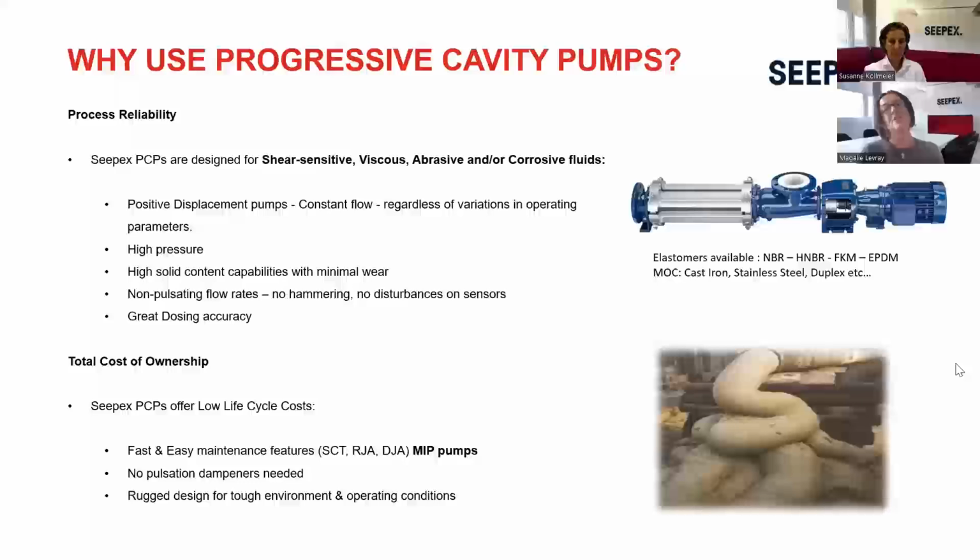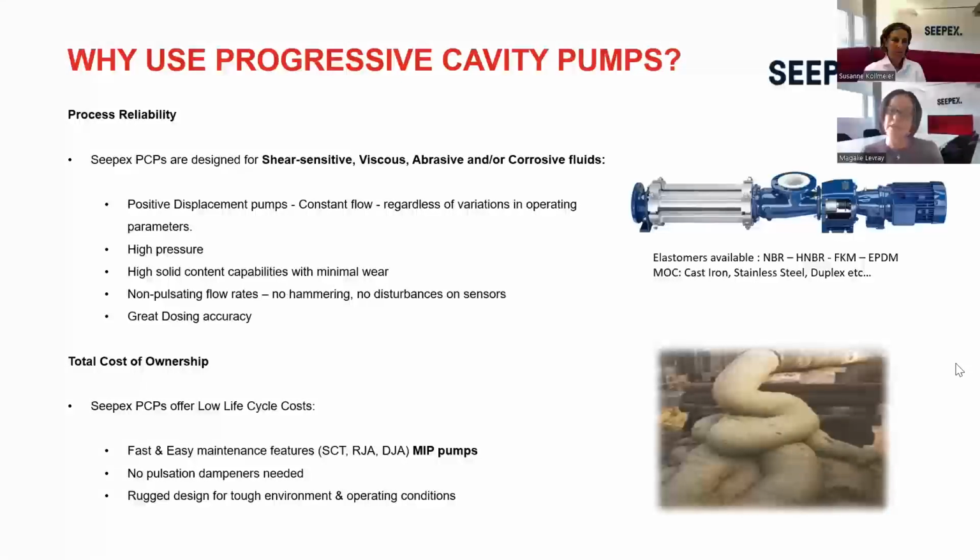And by just adjusting the material of construction, we can also handle corrosive fluids. So even when we have a combination of shear sensitive, abrasive, and corrosive fluid, the progressive cavity pump remains an ideal solution.